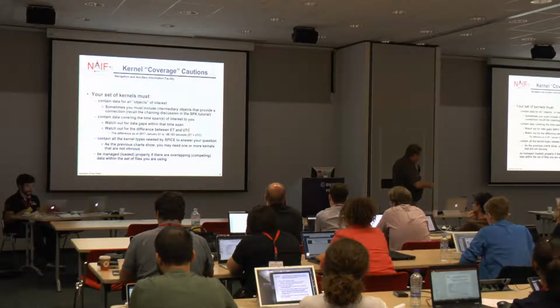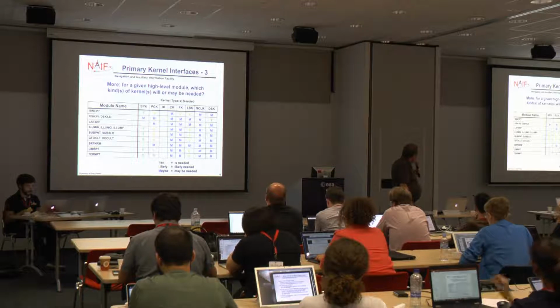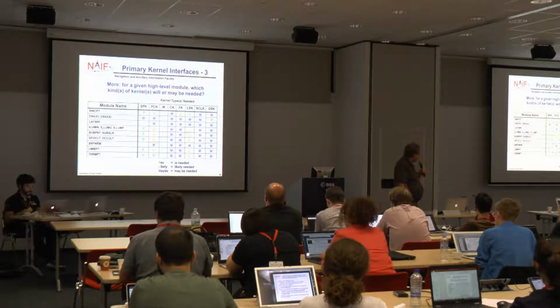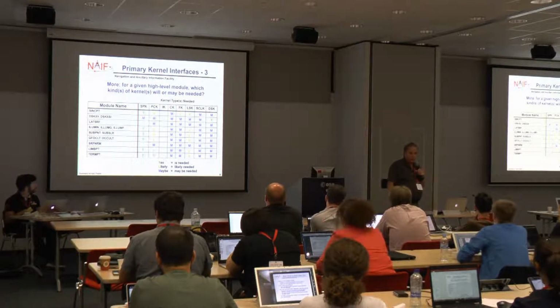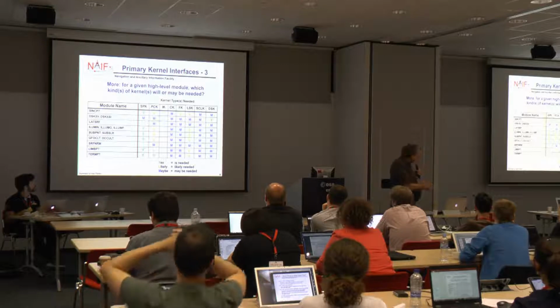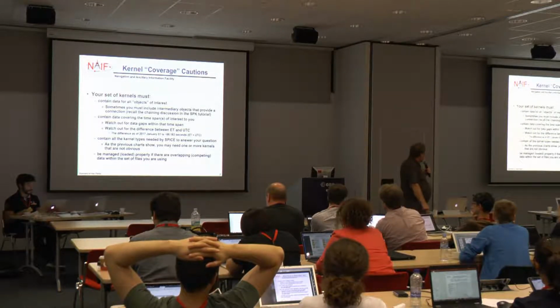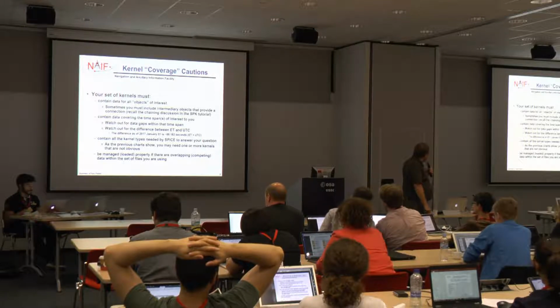And this was the companion to that chart for some of the other top-level routines. And you can see there really are an awful lot of L's and M's there, so it's not as straightforward as one might think it might be. Remember, your kernels must contain data for the objects of interest.